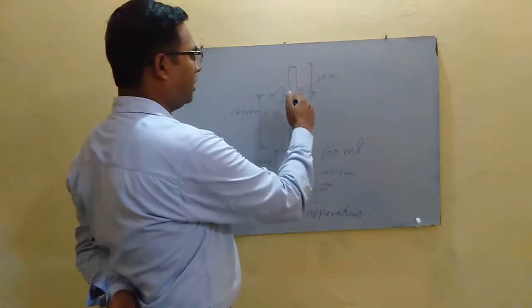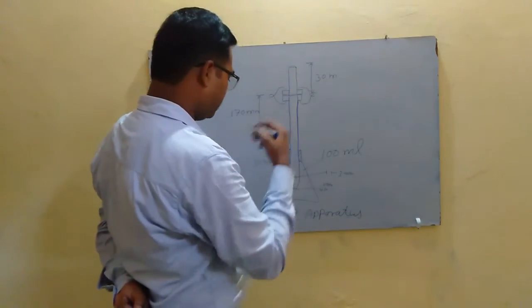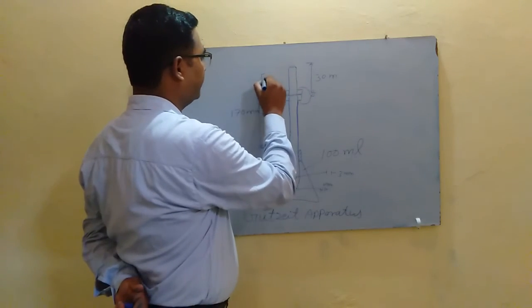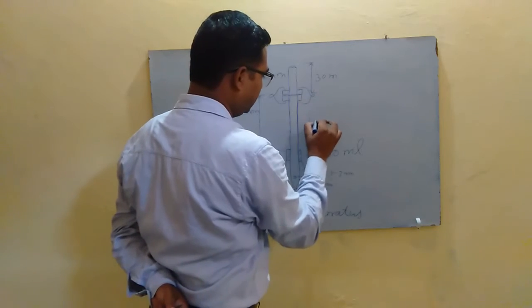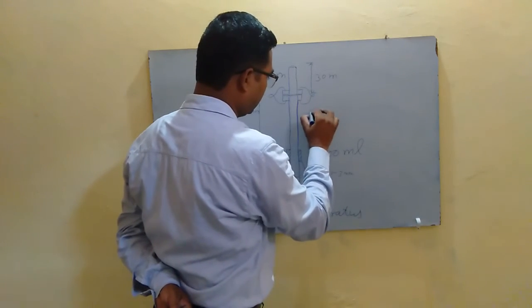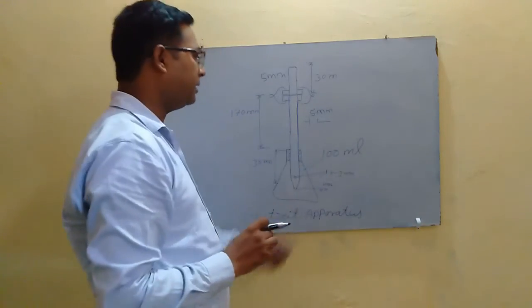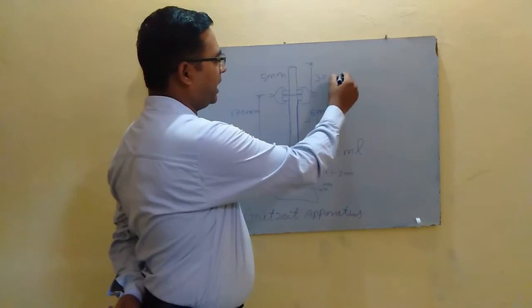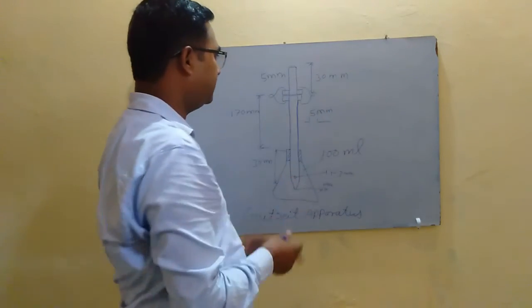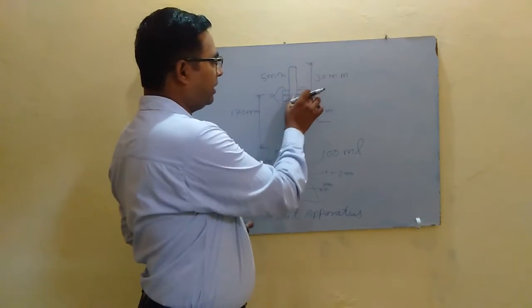Another tube of diameter 5 mm and length 30 mm is placed above this tube with the help of a cork and a clamp.